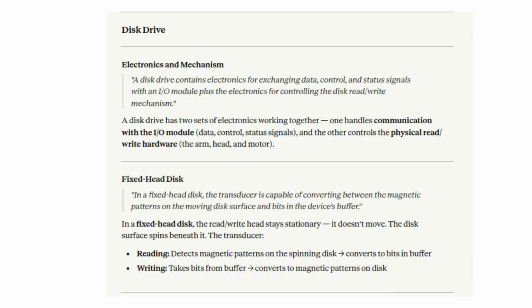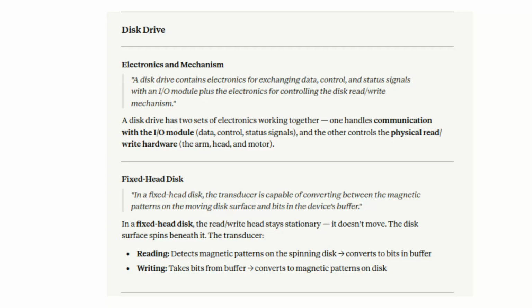Fine. Then, when I'm talking about the next thing, the disk drive, you have to understand that there are two electronics working simultaneously together. One electronics is used for communication with the IO module, the data part, control part, and signal part.